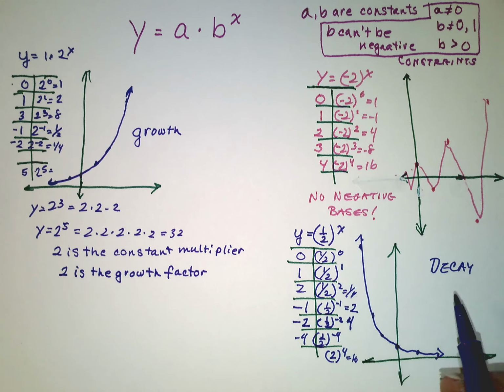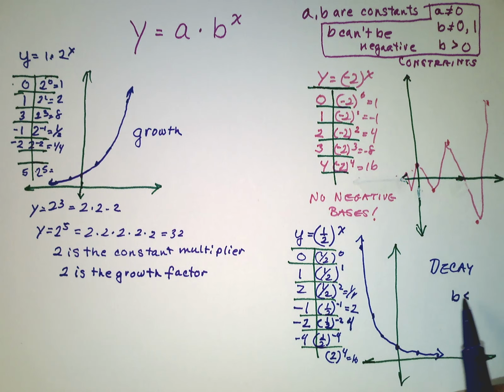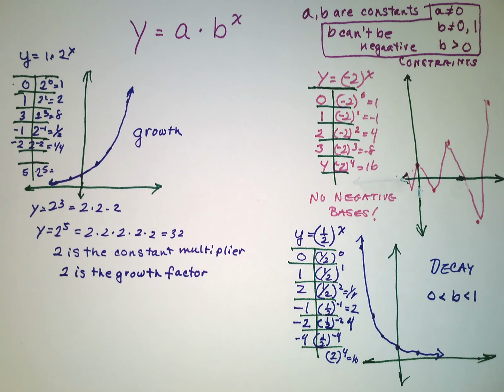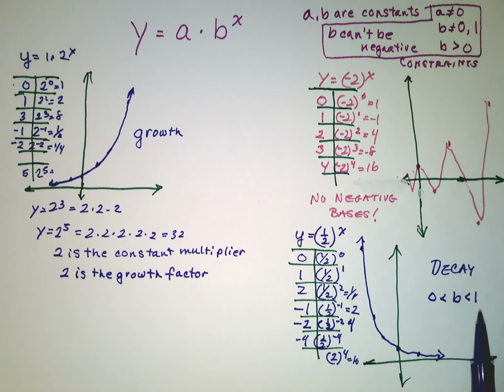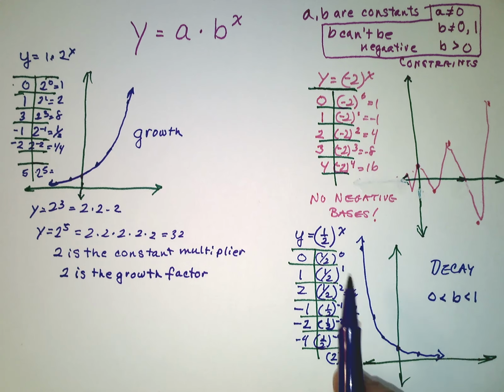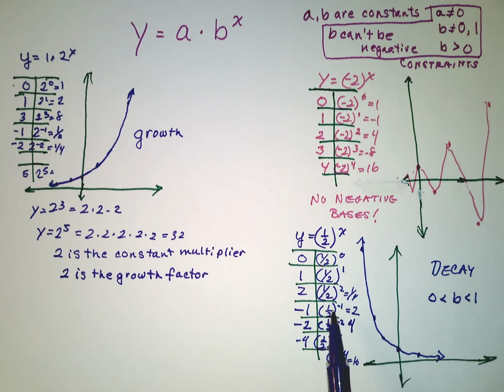And it happens when the base is in between 0 and 1. If the base is some proper fraction. We know we can't use 1 as a base. We know that we can't use anything that's 0 or negative as a base, but we can use proper fractions as the base.